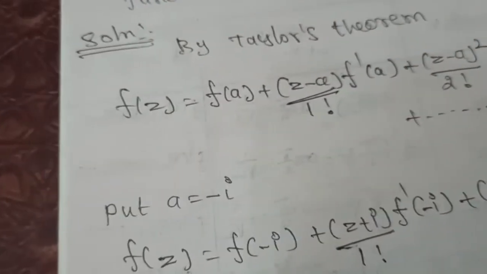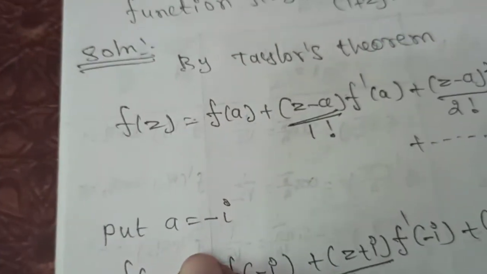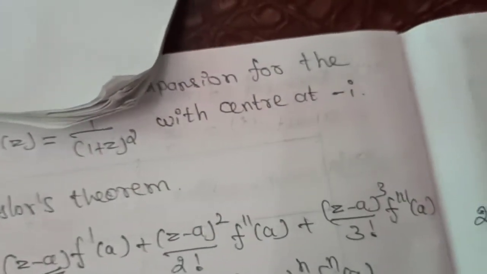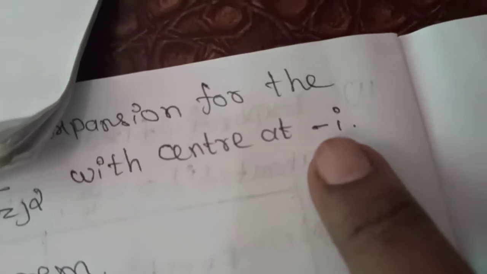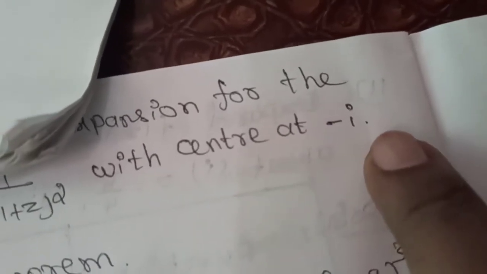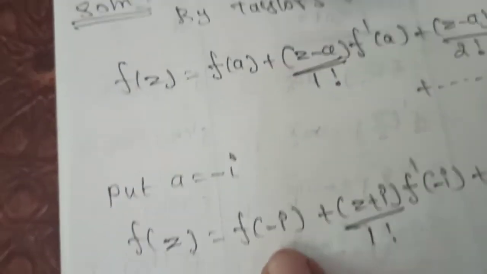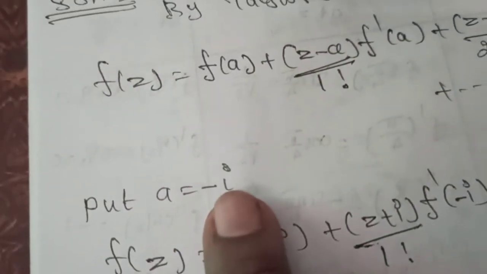Okay, first step. And next step, substitute the given point. What is given? The point z equal to minus i. That means you can substitute a equal to minus i.